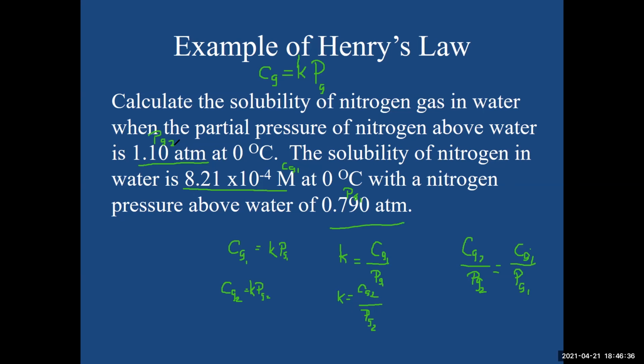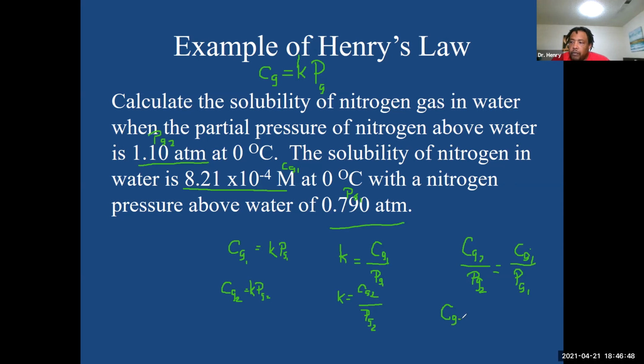Plug them in. I could plug them in and solve for CG2. So we'll get PG2 over PG1 times CG1.